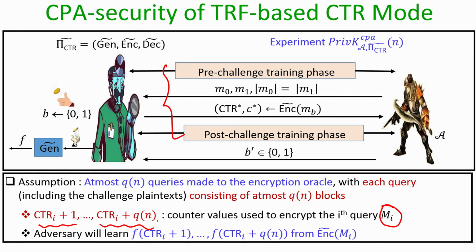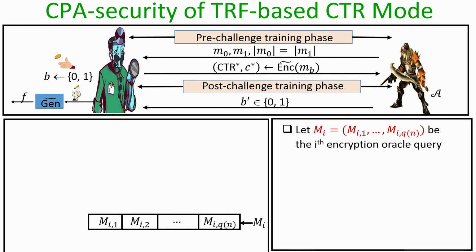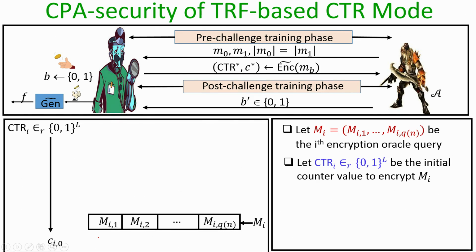So, the first observation is that if the adversary submits the message M_i for encryption and sees the encryption of that message as per this variant of the counter mode of operation, then by seeing the ciphertext, the adversary will learn the value of the unknown truly random function on these counter values, namely counter_i plus 1, counter_i plus 2 and so on. Why? Let us consider the i-th query M_i, which consists of Q(n) blocks.